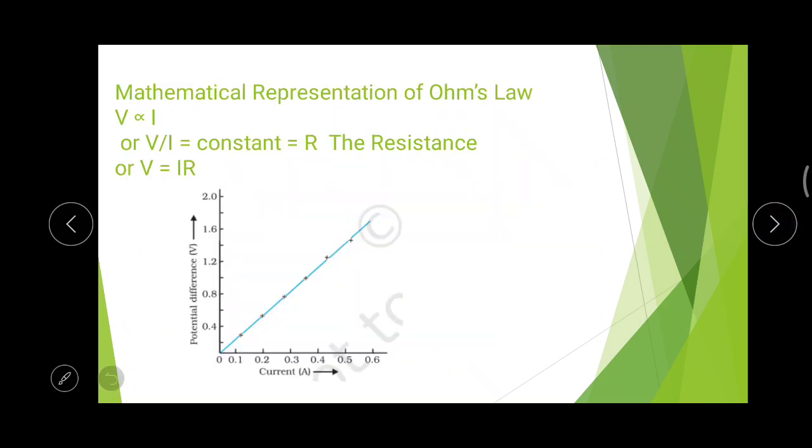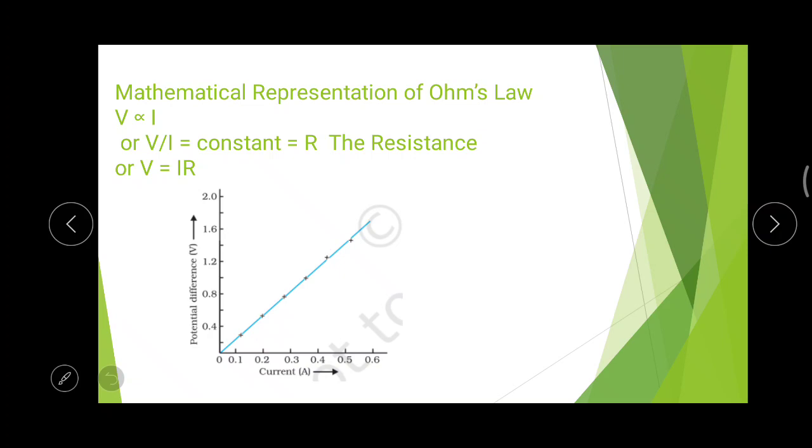Now, the mathematical representation of Ohm's law. In the statement itself we have seen that V is proportional to I at a constant temperature. If the temperature is constant, then V will be linearly proportional to I. V is the potential difference between the ends of the conductor and I is the current passing through that conductor.